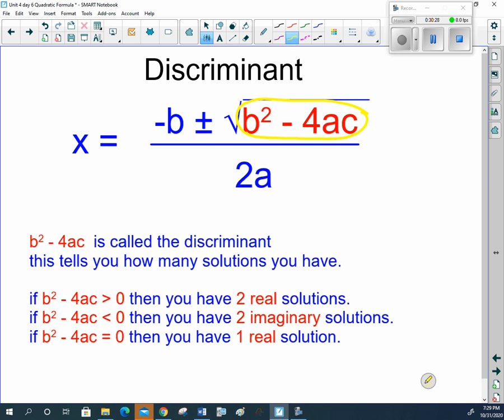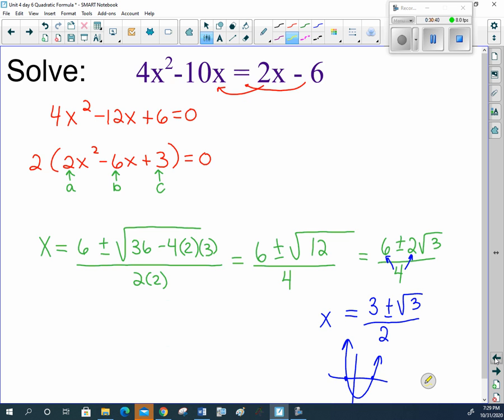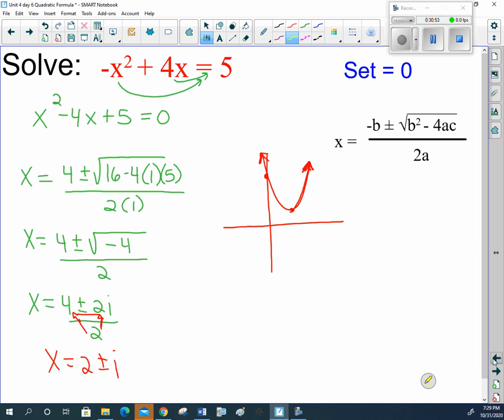So if you go back and look at what happened here, I kind of picked very specific problems so you could see what happened. When our discriminant was greater than 0, so when we ended up with a positive number, let's go look at all of our problems here. When our discriminant, this one right here is the discriminant, it's a 3, that's a positive number. Look, we had 2 zeros. Let's go back here. What did we get underneath here?